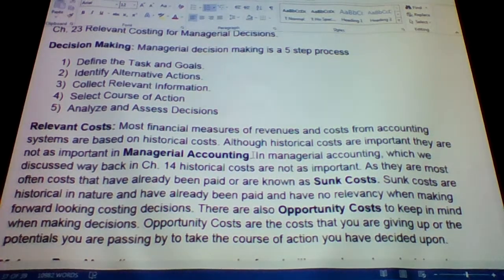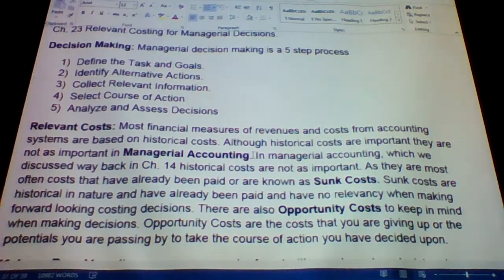And financial accounting is governed by GAAP, generally accepted accounting principles, which is handed out by the FASB, the Financial Accounting Standards Board, which is overseen by the Financial Accounting Foundation. Anyways, they are based on historical cost.